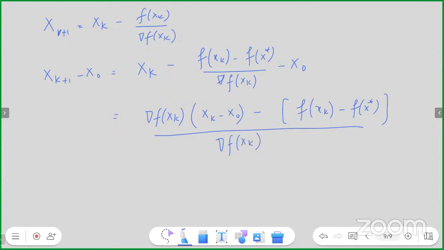Okay. Now what should I do? I can take the modulus on both sides. What will I get? I'll simply get the mod of this will be the mod of this. What about downstairs?